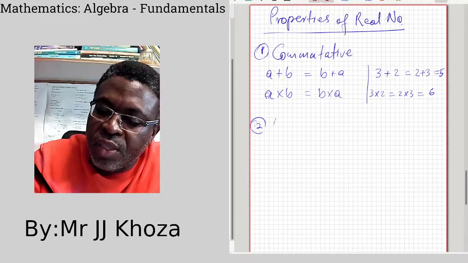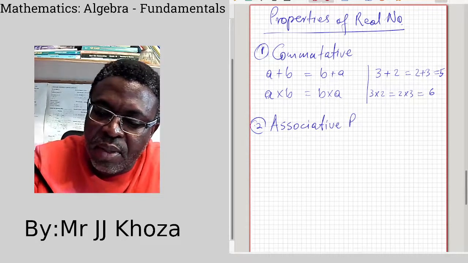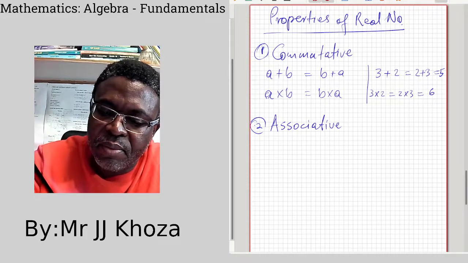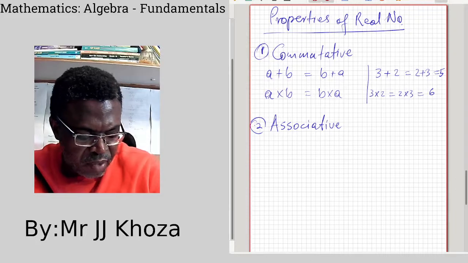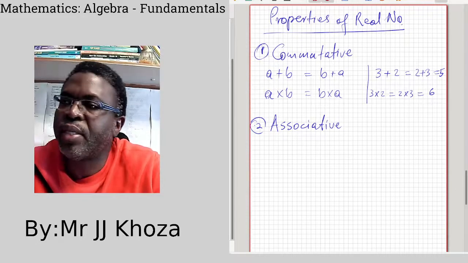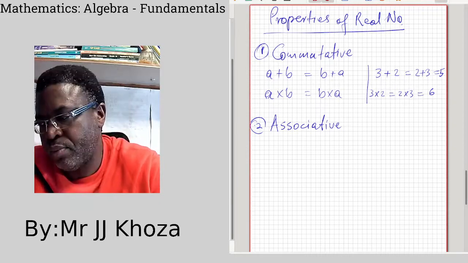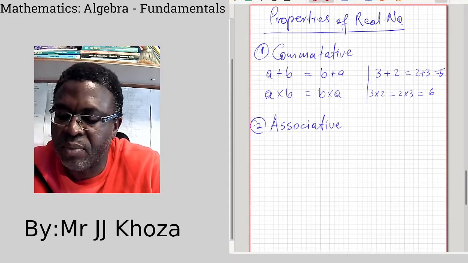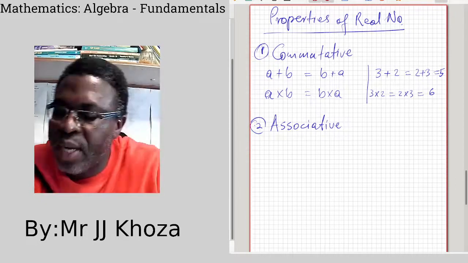Number 2 is the associative property. When we talk about the associative property, it is when you've got more than 2 numbers or variables that you're adding. We are still learning the same thing, that the order does not matter.